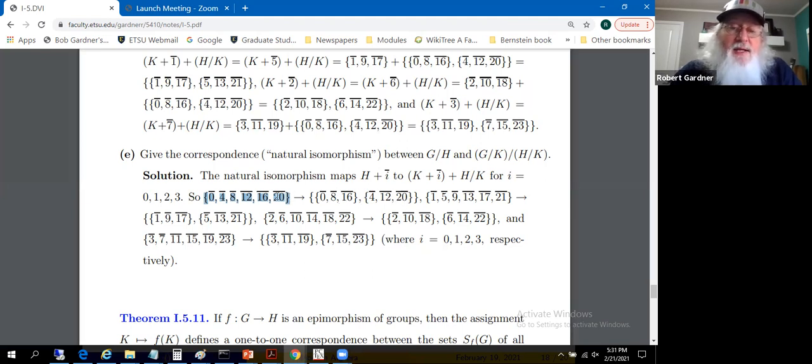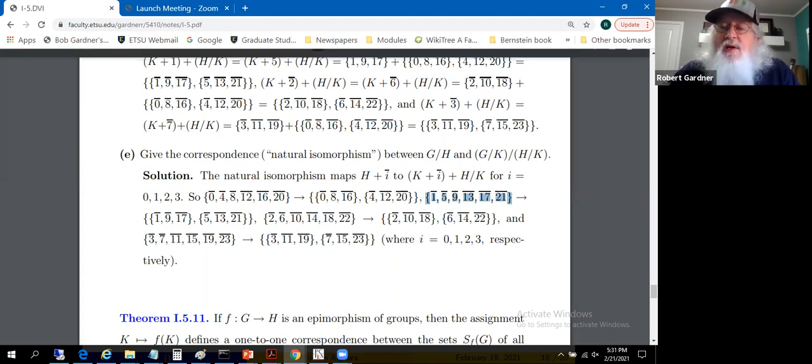On the left, they're in a single set, right? They're a coset of H over here. So on the left, we'll always have single sets. And on the right, we're looking at cosets of H mod K, but it's the same elements. These are all 0 mod 4. So are these, but they're distributed somewhat differently. Here, we have a coset of H.